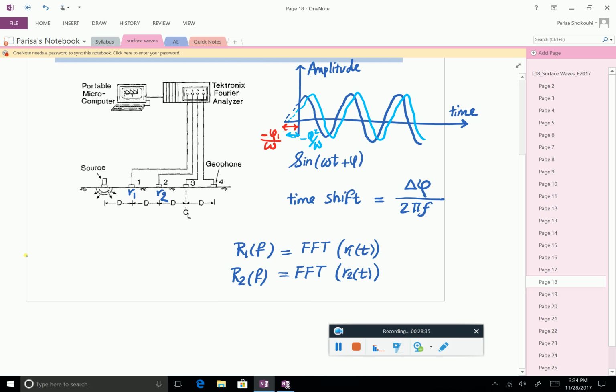I use the same notations that I've used in my notes. So it's defined very simply as, this is more like a practical version of it.